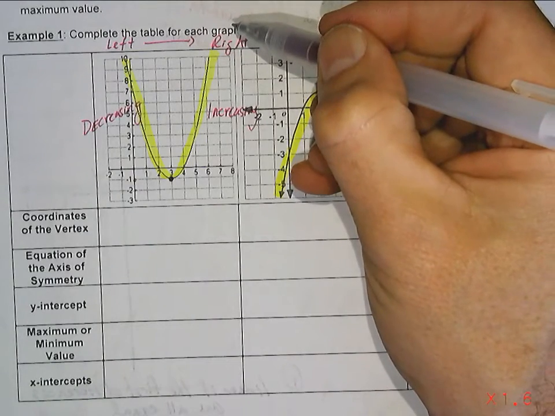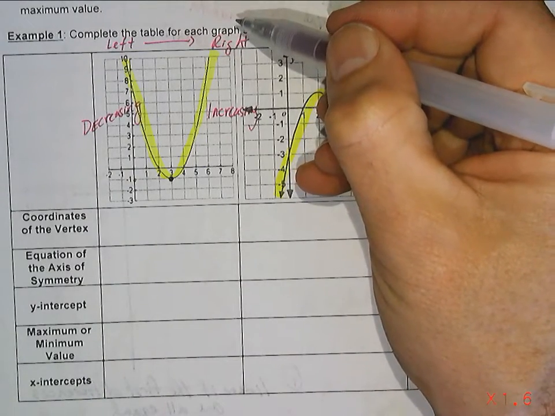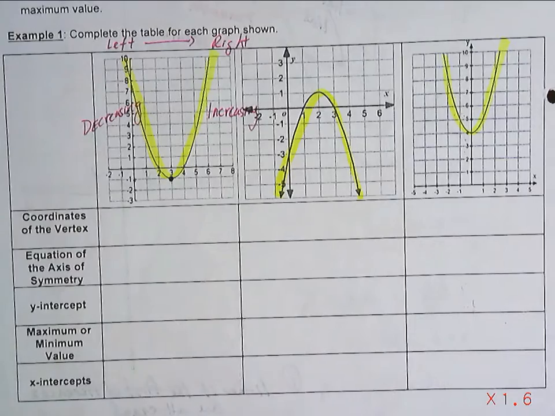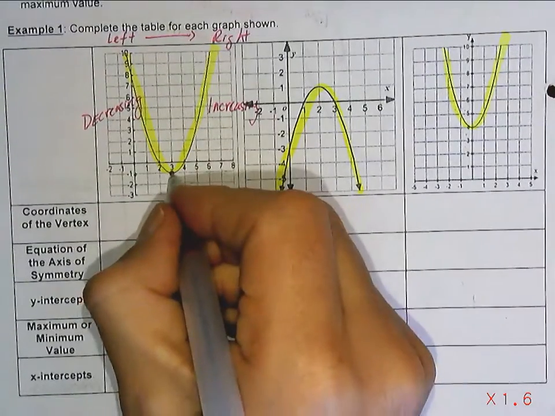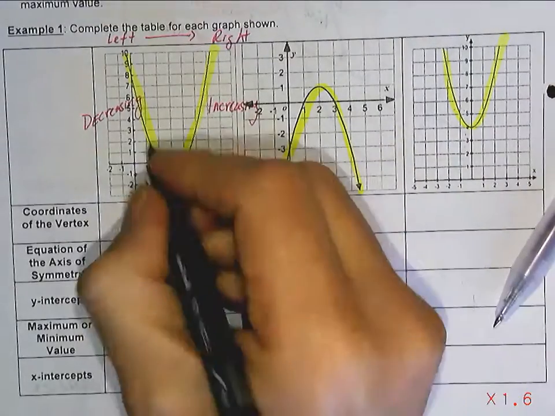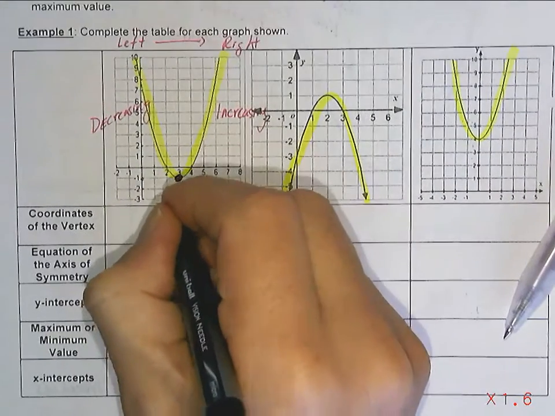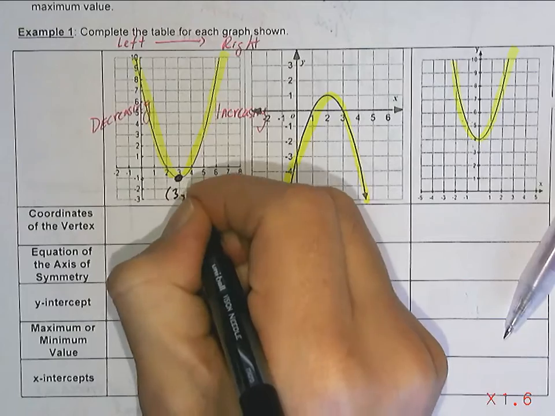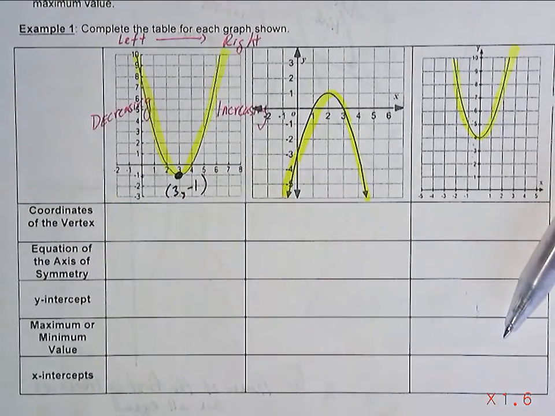Does that make sense to everyone? Just looking out into the audience. Okay. And where does it change from decreasing to increasing? It's changing right here at this point. Would you agree? It's changing right there. And that point is 3, -1. Well, that by definition, people, is what we call the vertex.